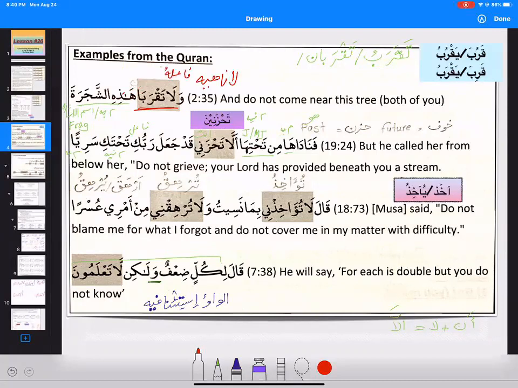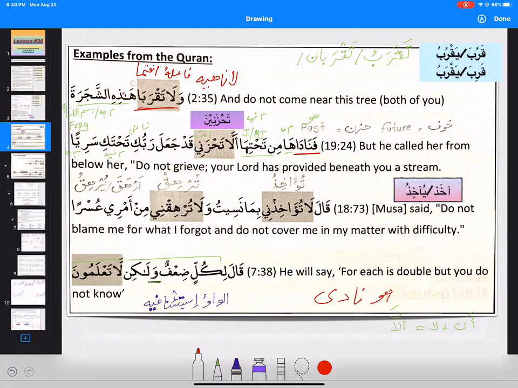Failuhu antum, antuma. Failuhu antuma. Then we have fanadaha min tahtiha. Fanada, this is our past tense. It's supposed to be like that, nada. So this is regular fe'lun madi, fa'iluhu huwa.